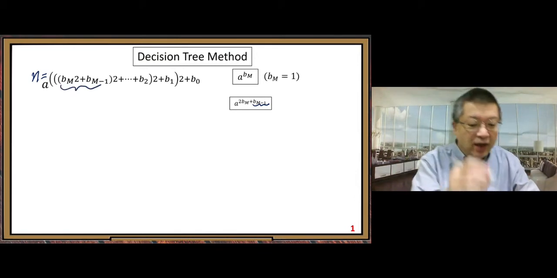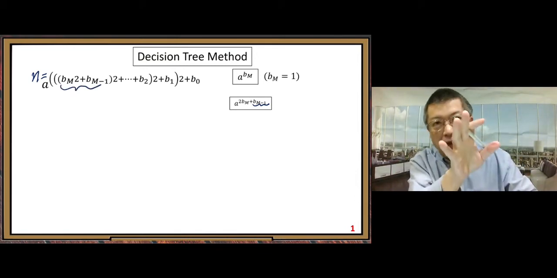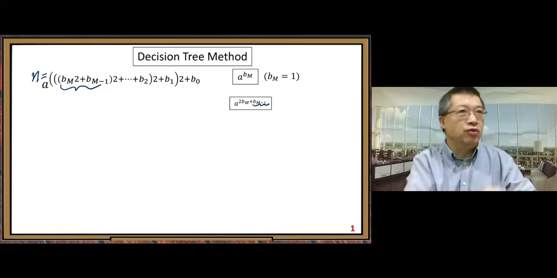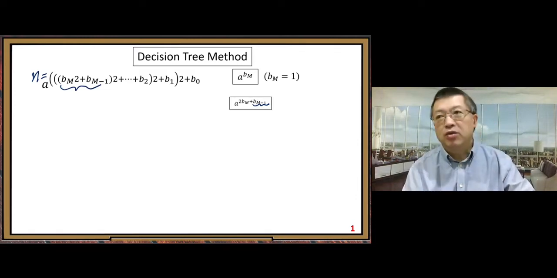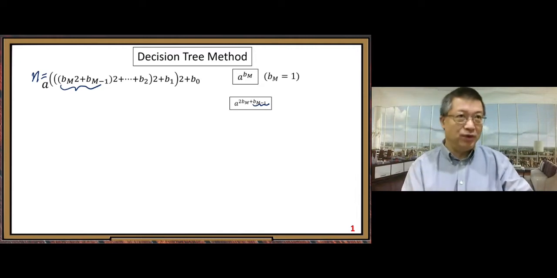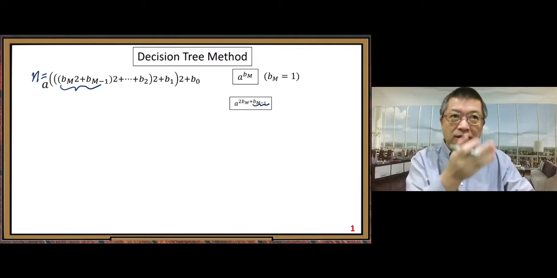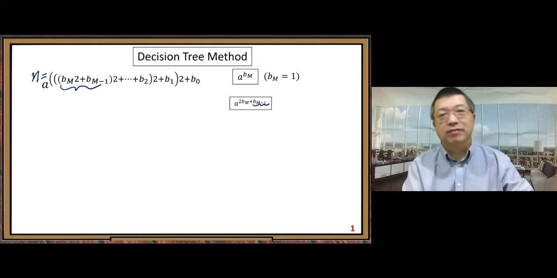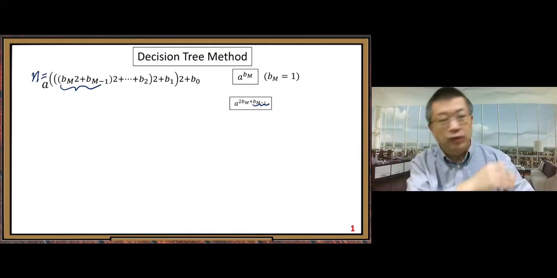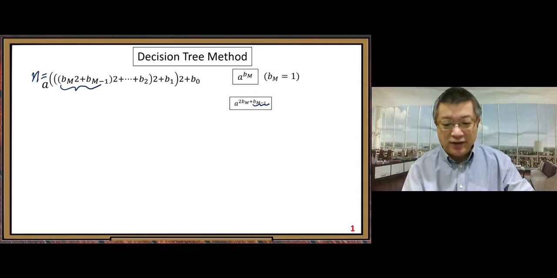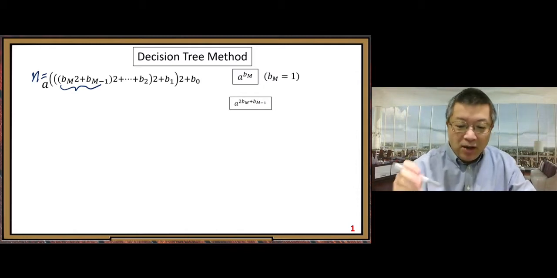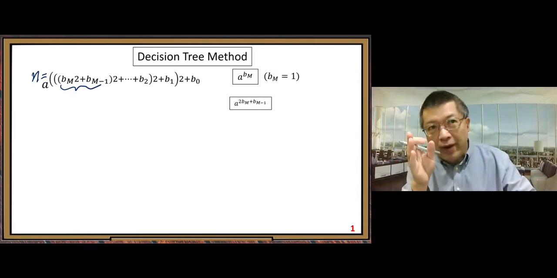Because we get that format from the Horner's rule based representation of n. That is important. It comes from Horner's rule representation. So that's the reason we look at b sub n minus 1.